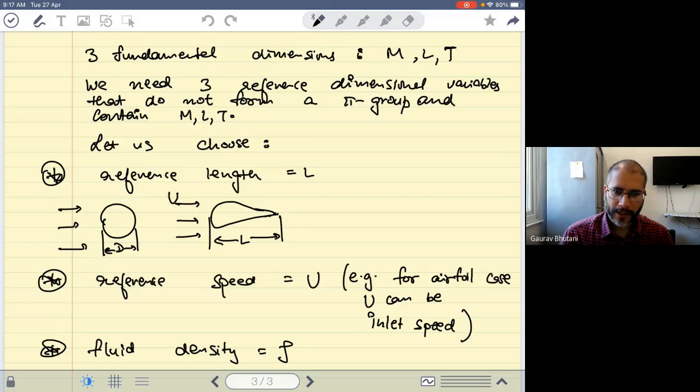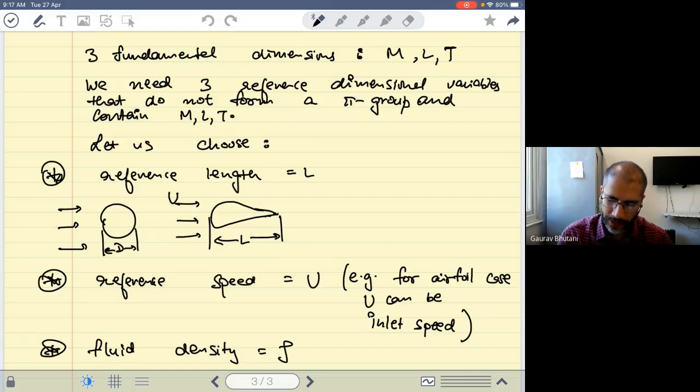Now we can see that L, U, and rho cannot form a pi group together, because L only has a length and rho only has a mass. And U distinctly has time. There's no other quantity that can cancel the time from U, and there's no quantity that can cancel the mass from rho.